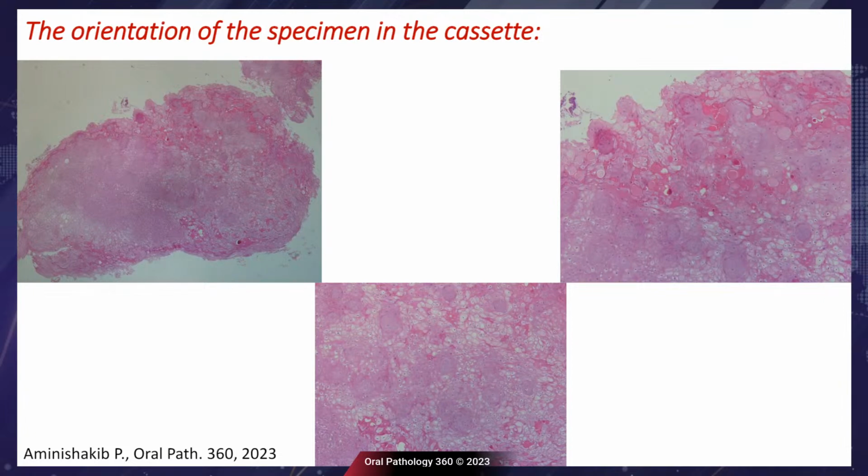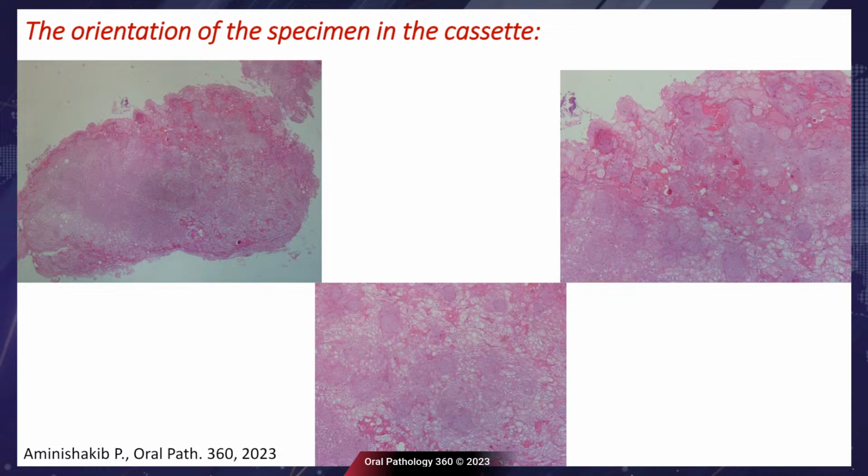Another important issue is the orientation of the specimen and embedding the specimen in the cassette. You can see here a true example of a specimen that is not well embedded in the cassette.